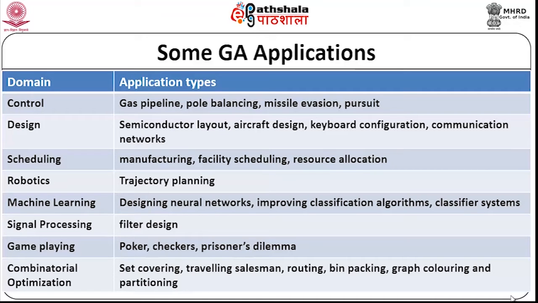All these have also been tried out with the GA approach. Robotics too has been tried out, in trajectory planning and so on. So, these are some of the GA applications. There are other applications also. We have given one type of domain classification; you can have other classification types also.